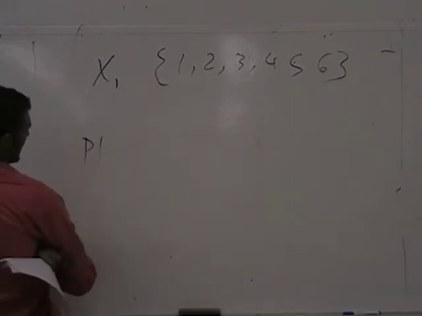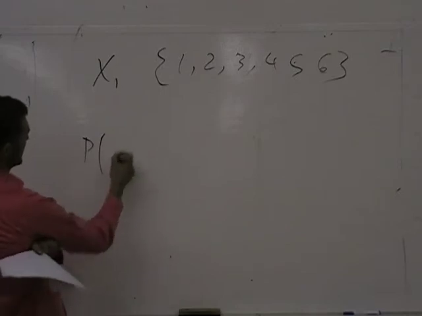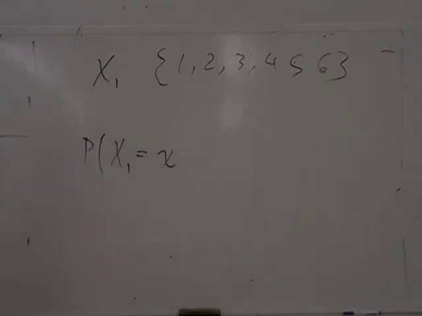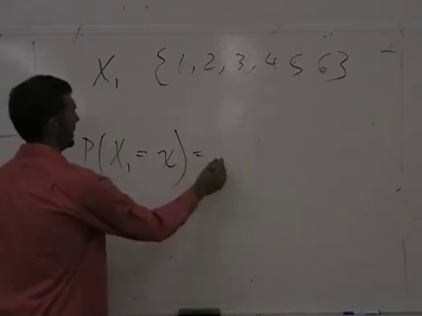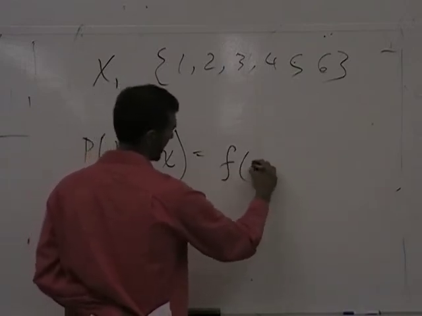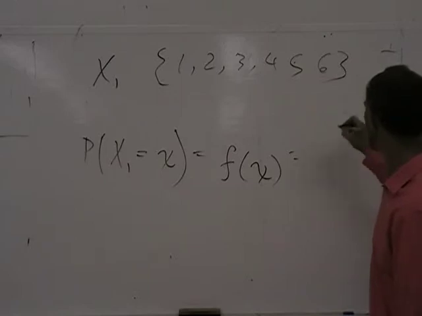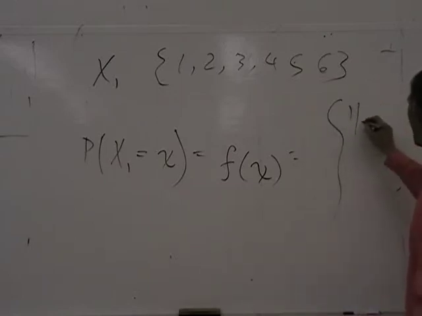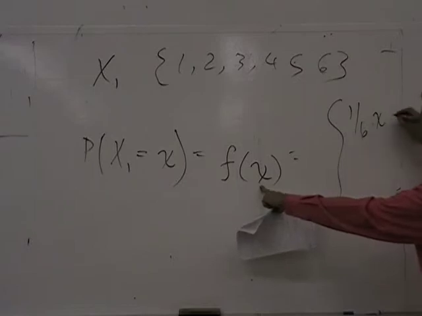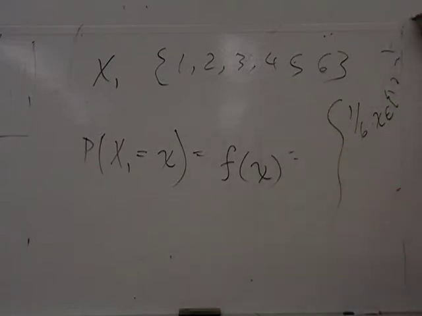Okay, notation, how do you write it? The probability that the random variable x1 equals little x value is a function, you can write a function f of little x, and this takes on the value 1/6 for the space of x's in the set 1, 2, 3, 4, 5, 6.